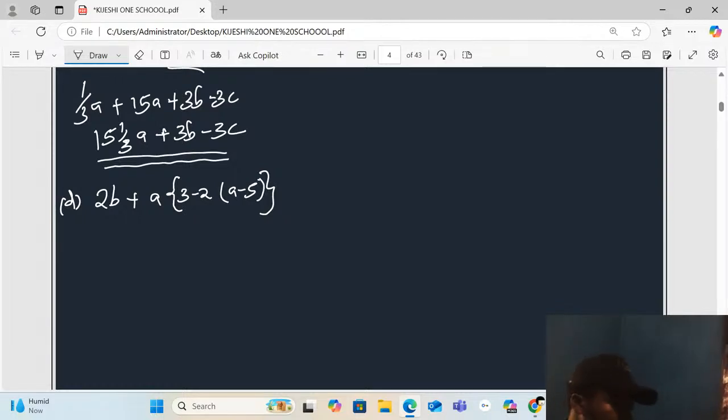So we start by opening the brackets inside the bigger brackets. So we are going to have 2b plus a into 3, so minus 2 times a. So you are going to have minus 2a. So minus 2 times 5, we're going to have plus 10.